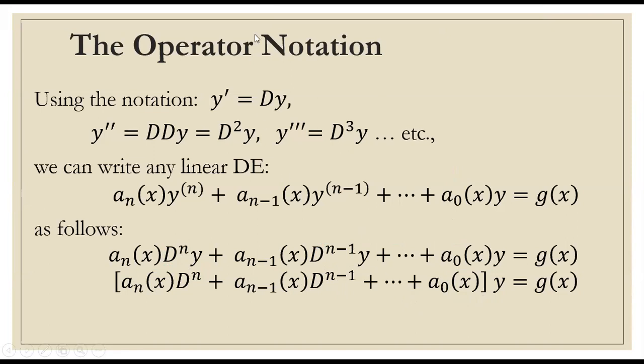Now let us take also a new notation. Instead of all this expression here, I'm going to use L. So we agreed now that D is the first derivative. L is this linear expression: something times the derivative of order n, something times the derivative of order n minus 1, and so on. Okay? L, and don't forget this y, Ly.